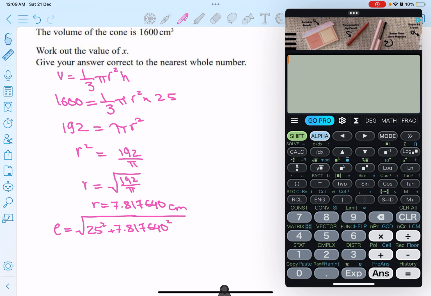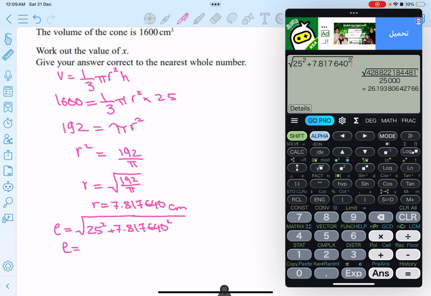You put it in your calculator: 25 squared plus 7.817640 squared. The length is 26.193806. You round to 6 decimal places, or we can say 3 significant figures or more.